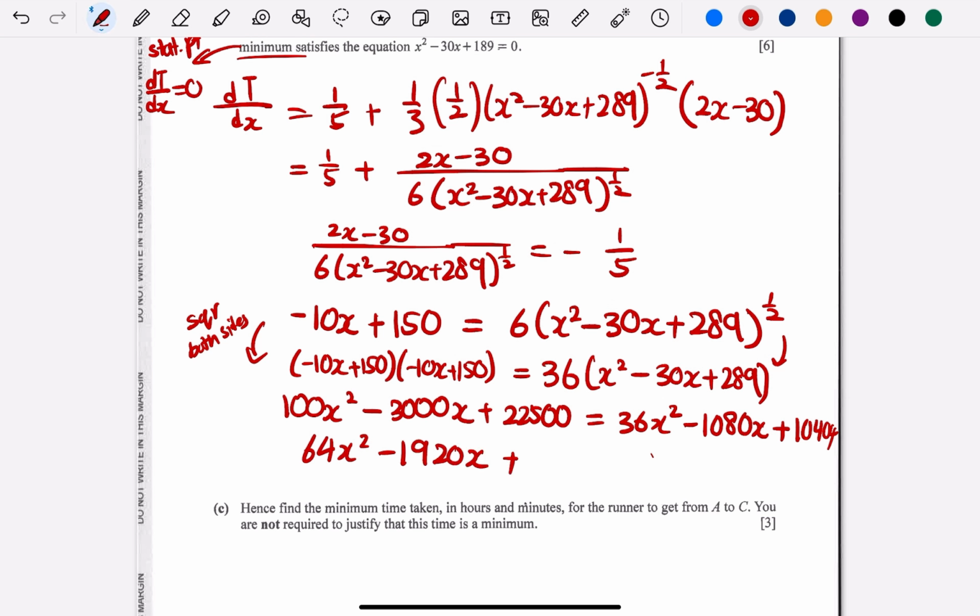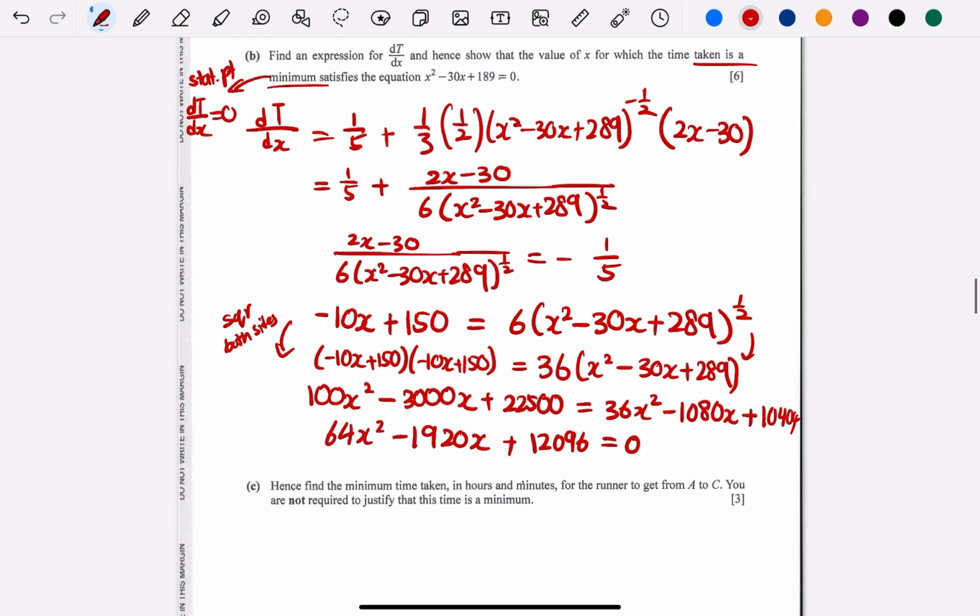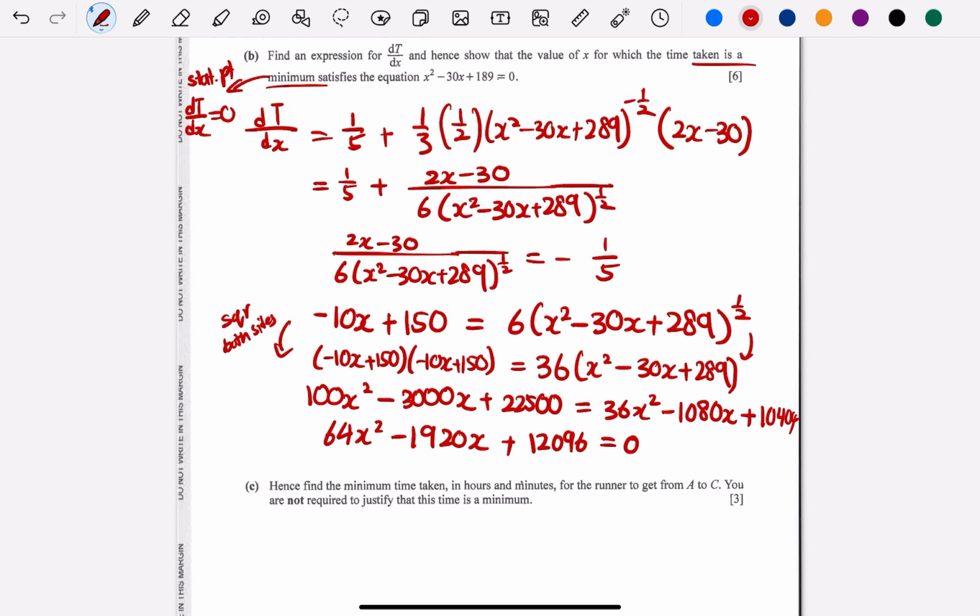And the last one, 22500 minus 10404 is 12096, equals to 0. And all we need to do here is just to simplify. We divide everything by 64. We get this to be 189. 1920 divided by 64, we get negative 30x. And this just gets us x squared. And just like that, we will have shown.